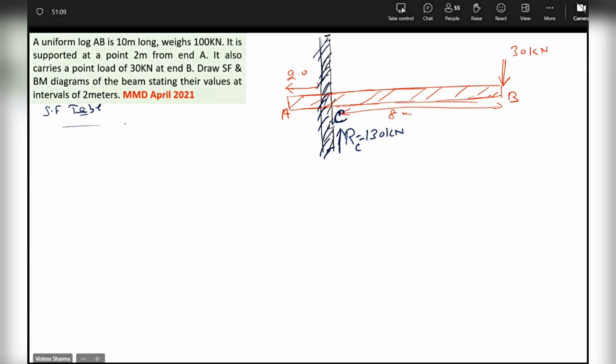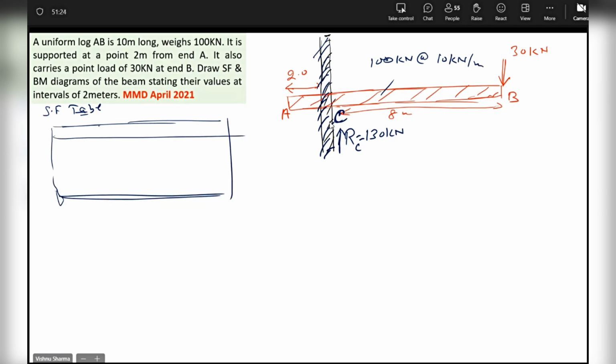I'm sure you'll agree with our understanding of the things. This is 100 kilonewton at the rate of 10 kilonewton per meter uniform. Okay. We can make it for 3 points. I don't know if it has to be divided or not. Okay. This is SF in kilonewton.